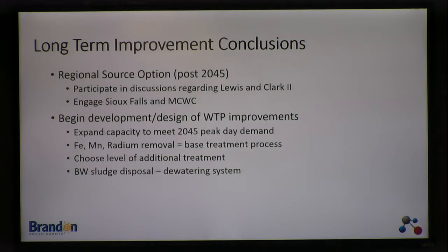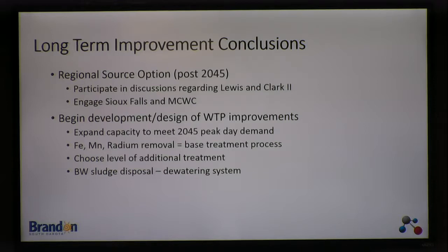So I think the best likelihood for Brandon benefiting from Lewis and Clark 2 is being identified as a future customer of MCWC, identifying what it would take to make Brandon whole, and that would simply be added to what MCWC sees as their need from Lewis and Clark 2.